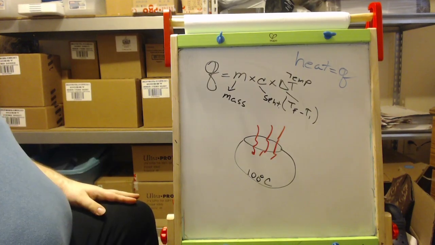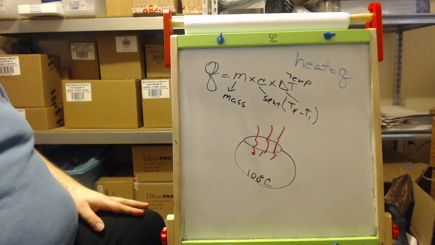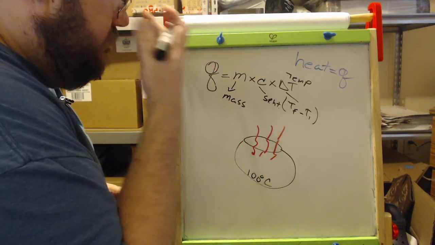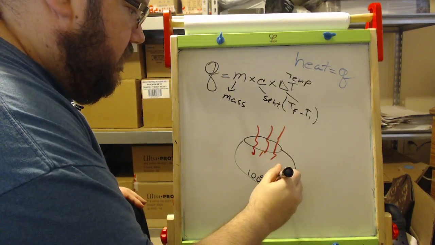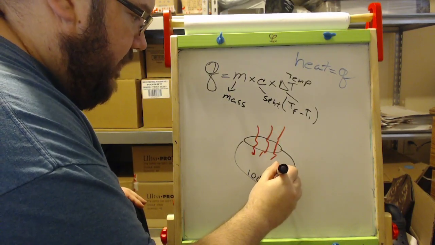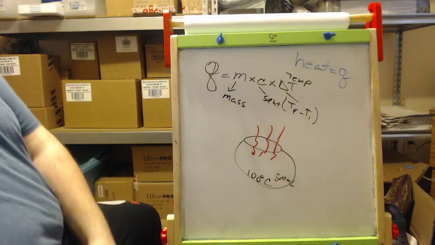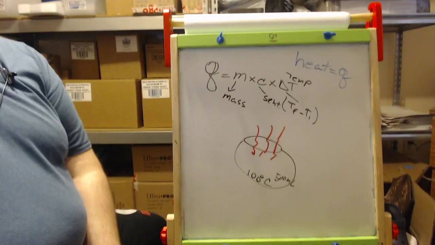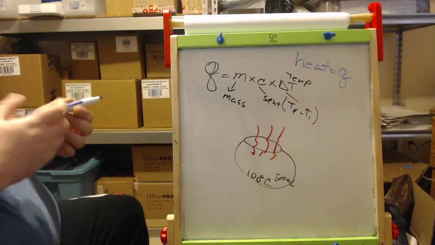Okay. And I've got 500 milliliters of the 100 degree Celsius soup. Now, I want to eat the soup, but it's too hot.